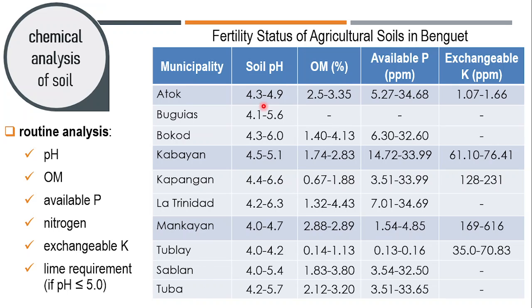If you notice, the soil values are given as ranges. This is because many soil samples were collected per municipality and their nutrient status differ, so what is shown here is the range of the results from the soil samples collected.